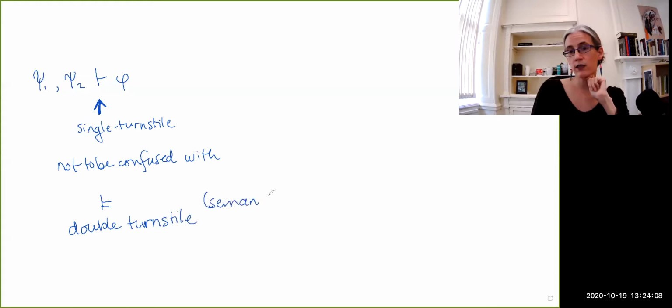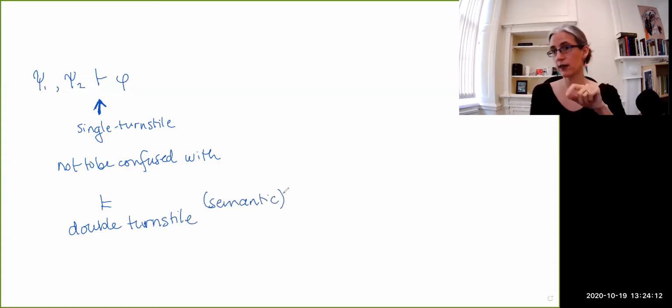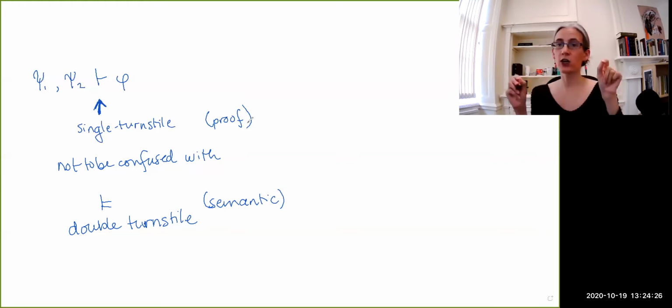It was something that we defined with respect to interpretations. So the double turnstile has to do with meaning, interpretations, and truth. The single turnstile, on the other hand, has to do with proof, with derivability, with occurrences of propositions in these finite annotated lists of formulas. So not the same symbol, different concepts that they are picking out.